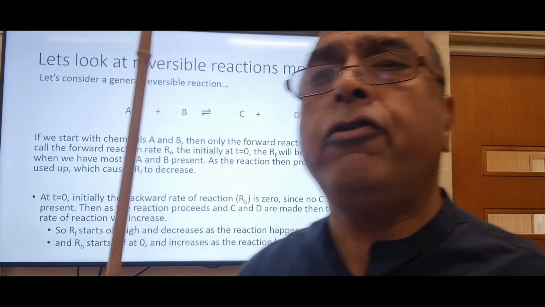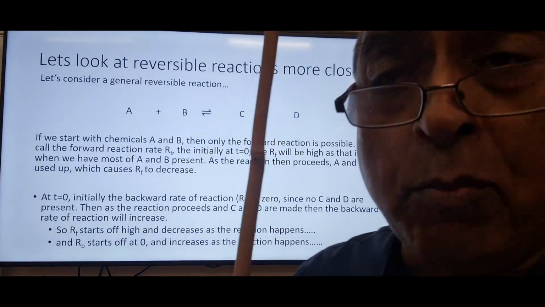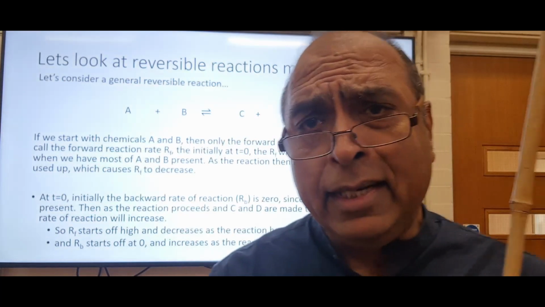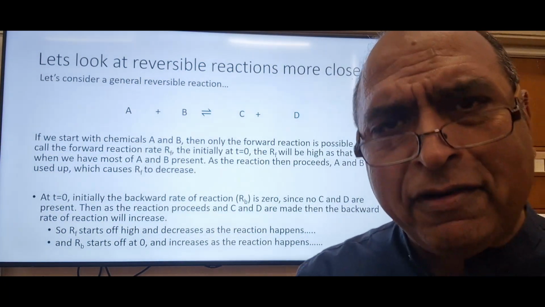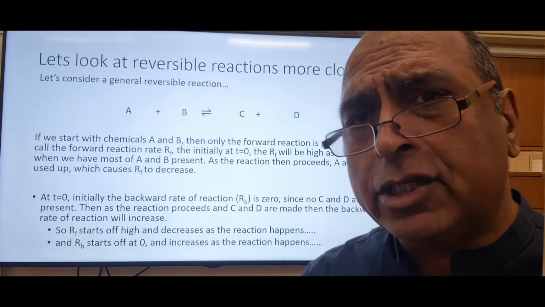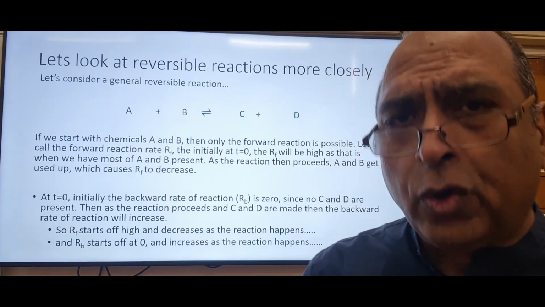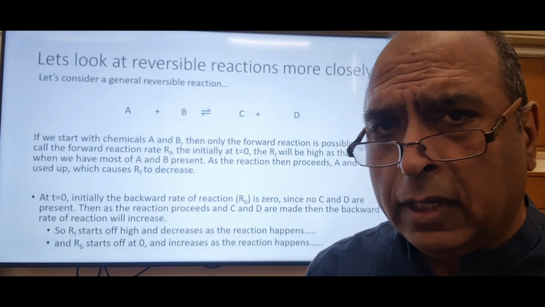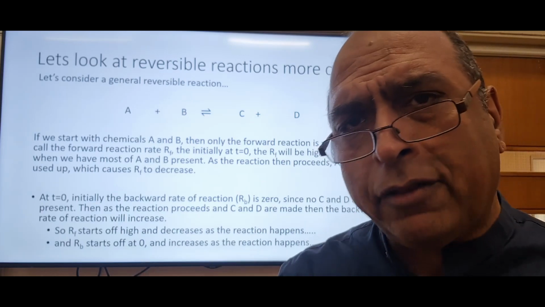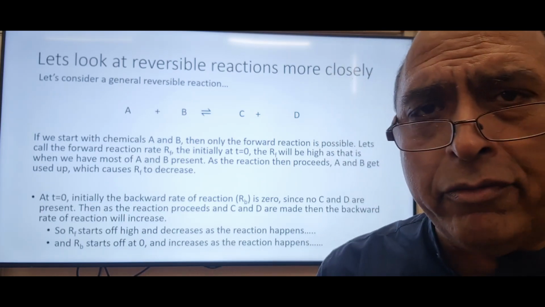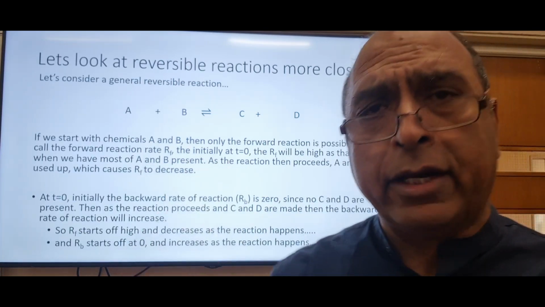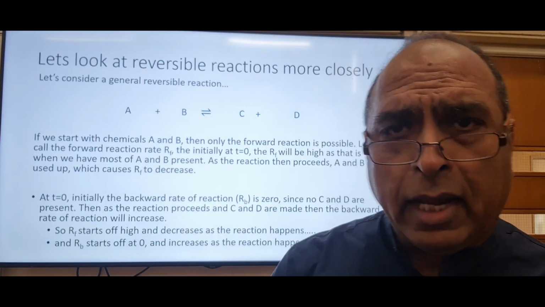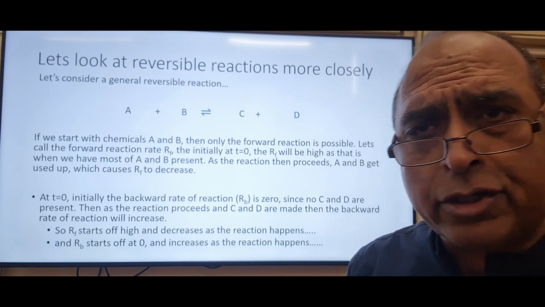Let's look at reversible reactions more closely. Now, I could pick lots of examples, but what I find quite powerful as a teaching technique is to talk in general terms, and then I can apply the ideas I developed in general discussions to specific reactions that you know happen and you want to discuss.